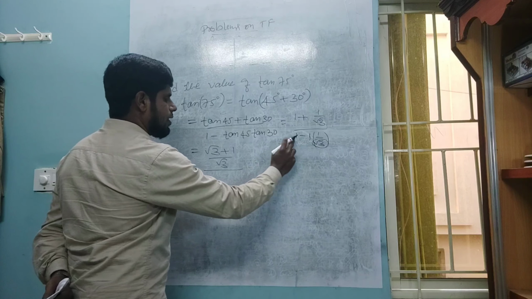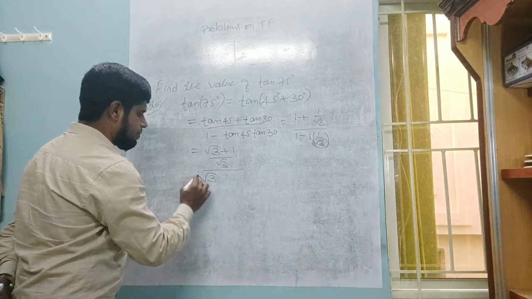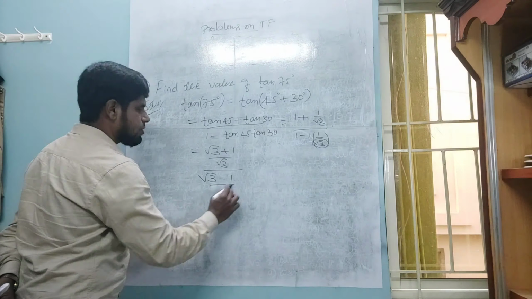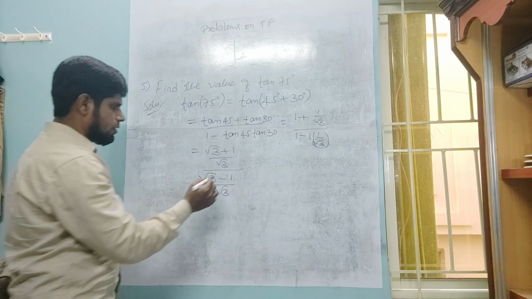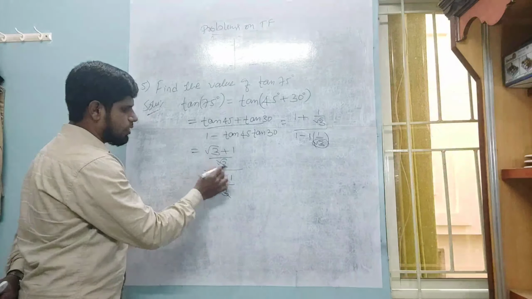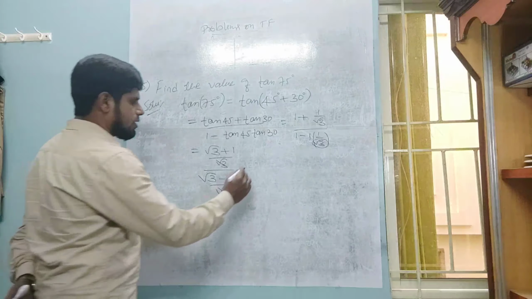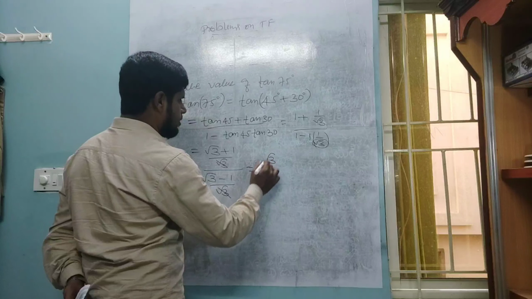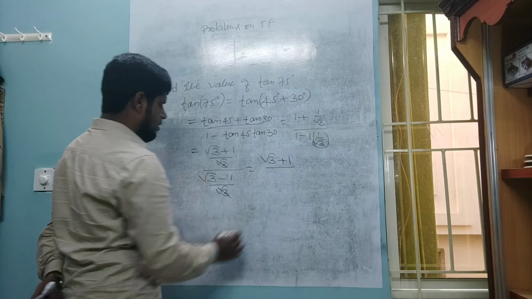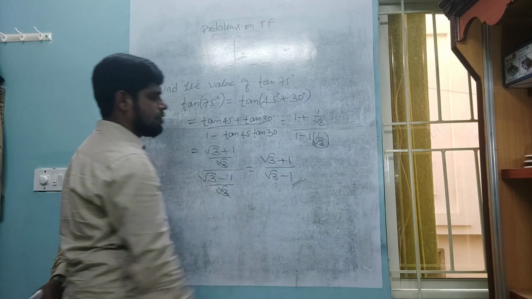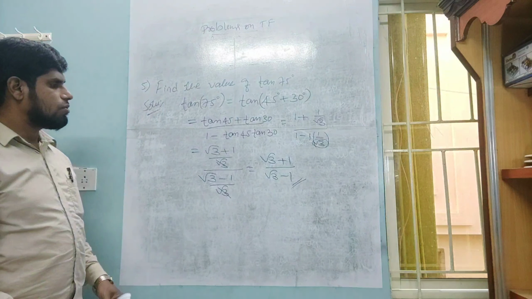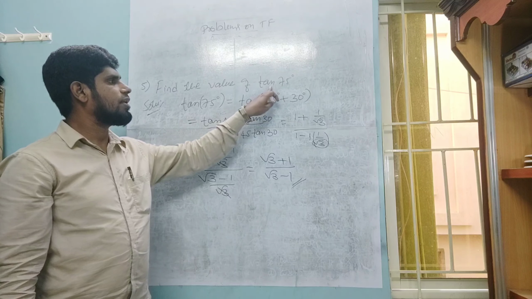If I take the LCM here, the next step is root 3 minus 1 divided by root 3. So here this denominator and this denominator get cancelled. The left out part is root 3 plus 1 divided by root 3 minus 1. So student, this is the value for tan 75 degree.